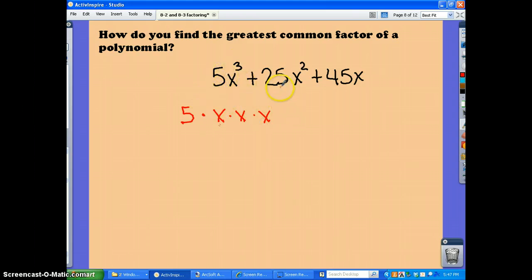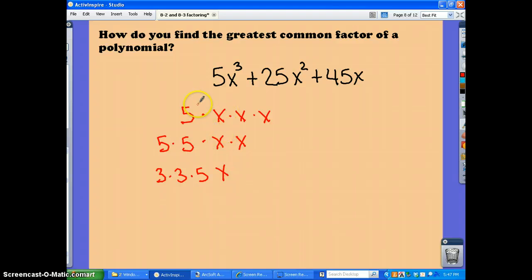So the next one, I've got to break it down all the way down to the prime numbers. So I say, well, 5 times 5, so I'll have 5 times 5 times x times x. And that's how I come up with that one. The next one, I can say 9 times 5, but I can break the 9 down to 3 times 3, which is 9, times 5x. And what I'm looking for here is just the common factors.